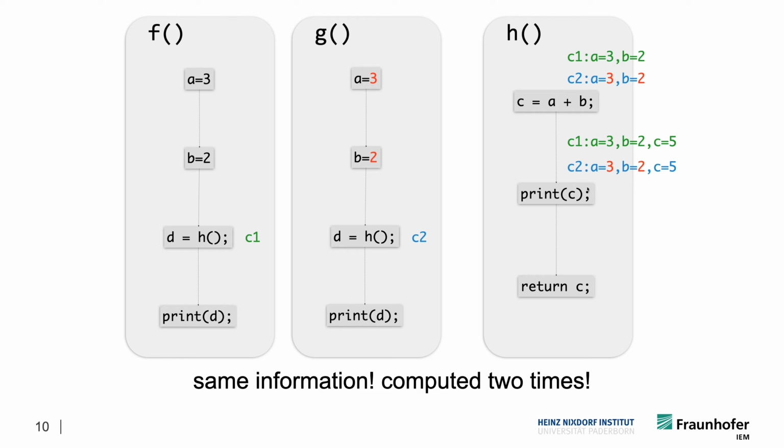So the question is now, can there be an approach that somehow summarizes the effect of such a callee procedure H, and even maybe the effect of partial computations within H, but that stores summaries not symbolically, but in some other way, so that we can even store summaries when we have such a non-distributive problem.